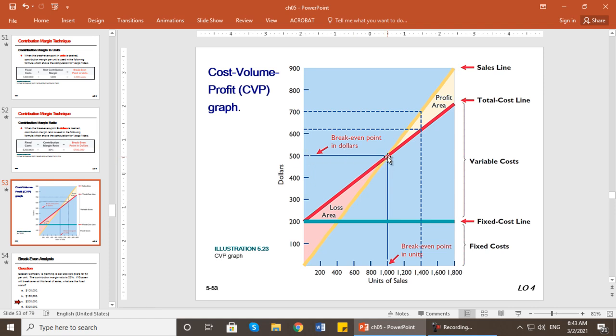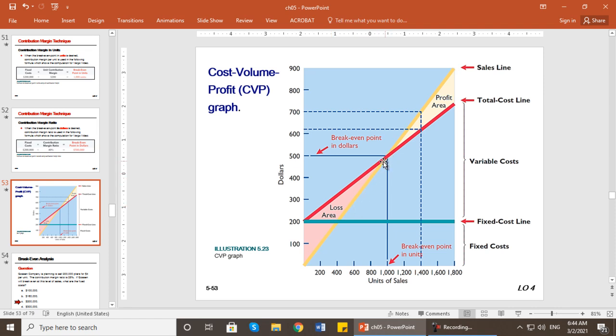When total revenue equals total cost, we are at break-even point. Before this level, the company realizes a loss, as you see, loss area here.